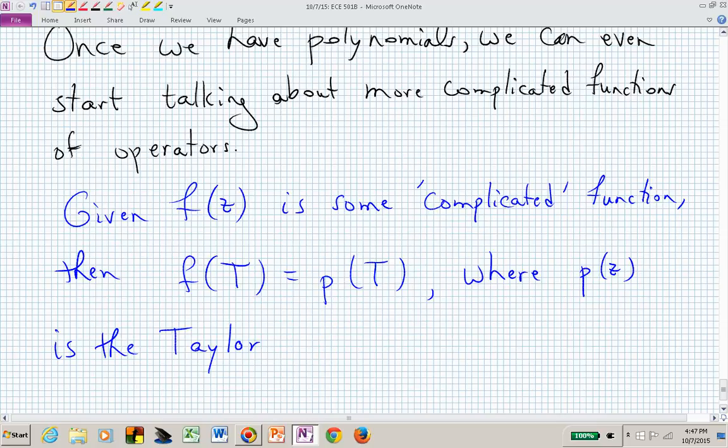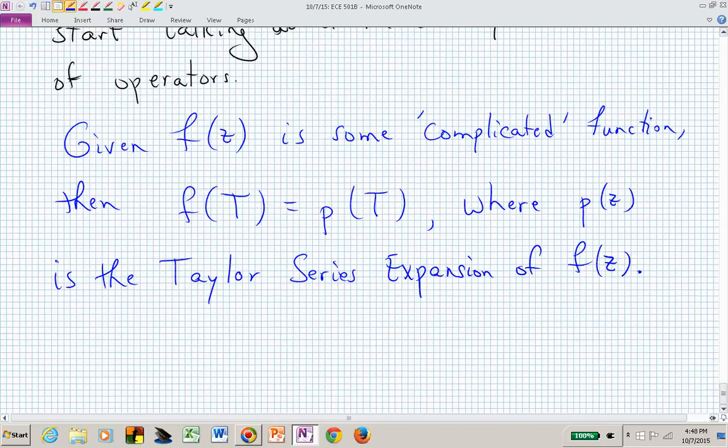Consequently that gives us linear maps raised to higher and higher powers, an expression that is the Taylor series expansion of the complicated function f of z.